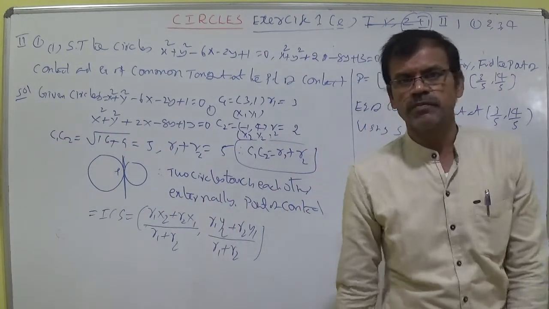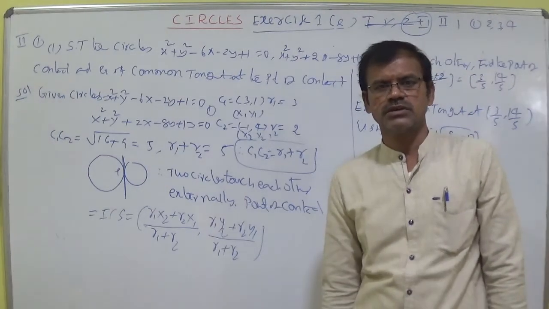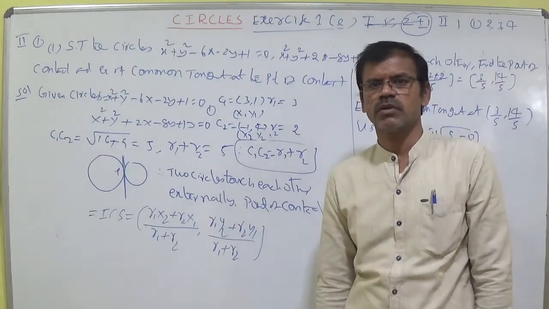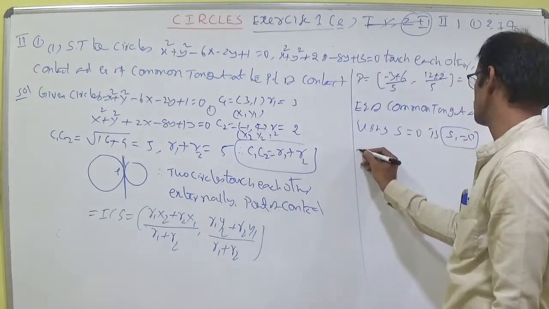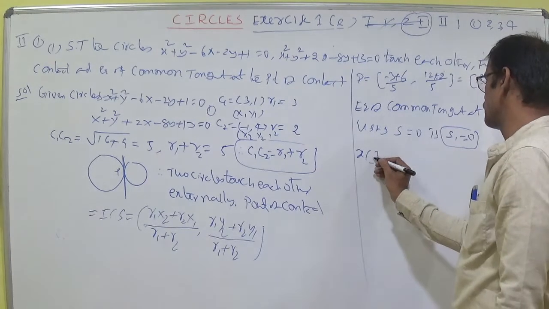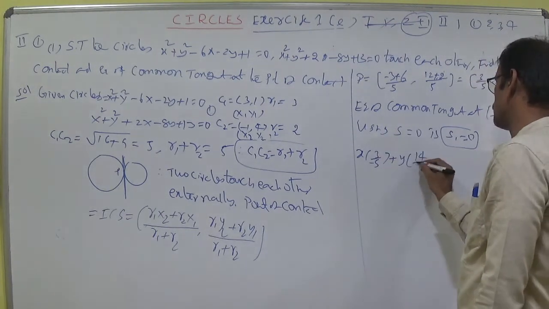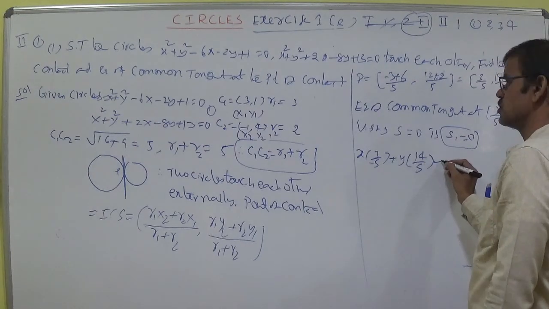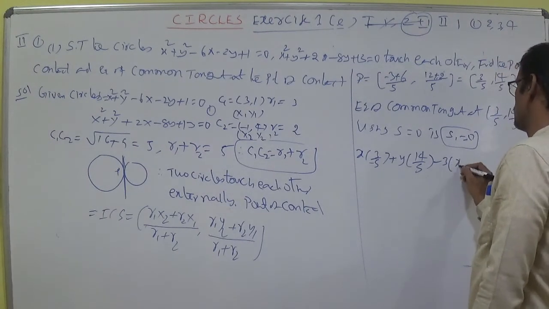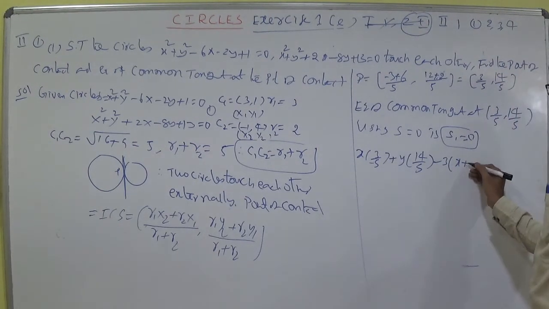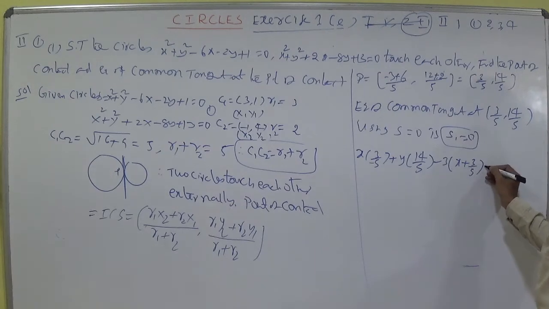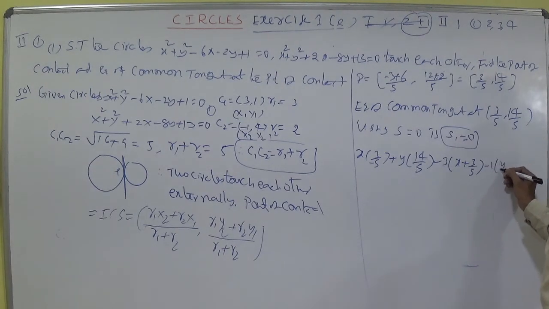S1 notation is xx1 plus yy1 plus g into (x plus x1) plus f into (y plus y1) plus c. Here x into 3 by 5 plus y into 14 by 5, plus g, which is minus 3, into (x plus 3 by 5), minus 1 into (y plus 14 by 5), plus 1 equal to 0.